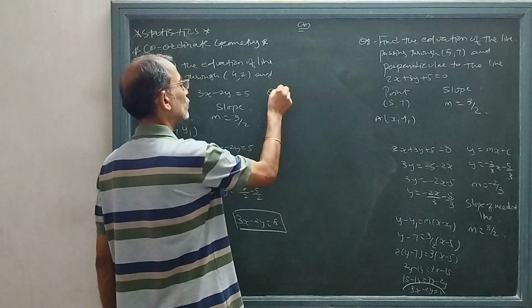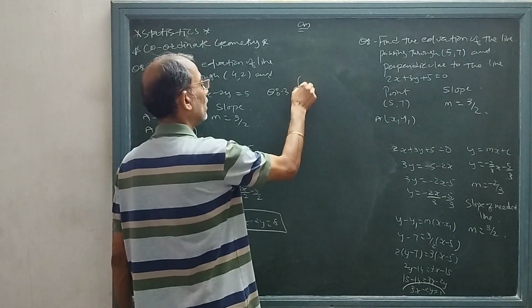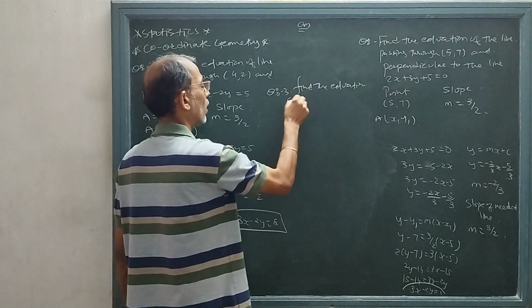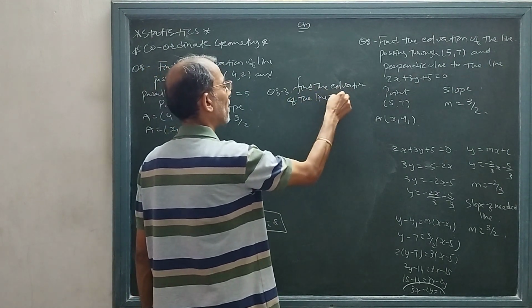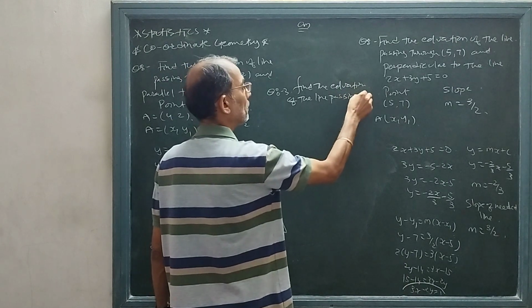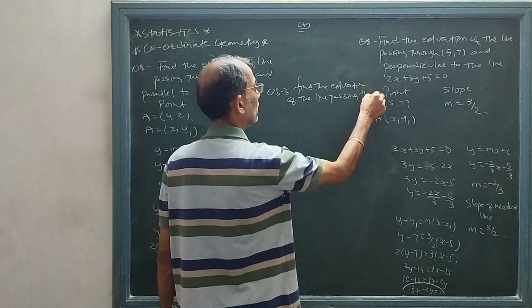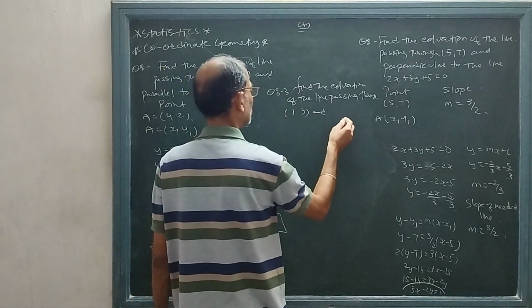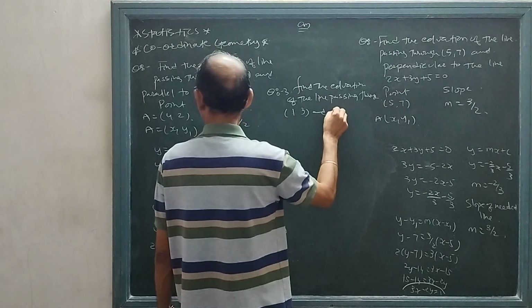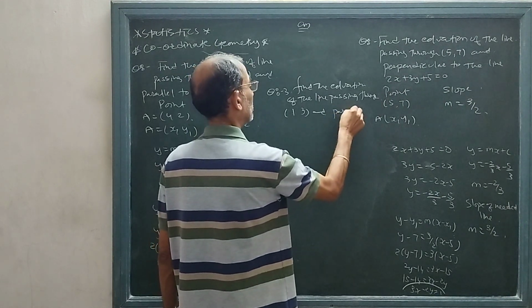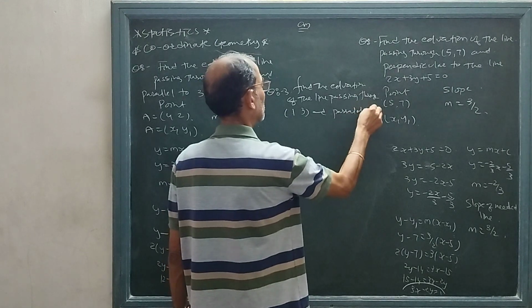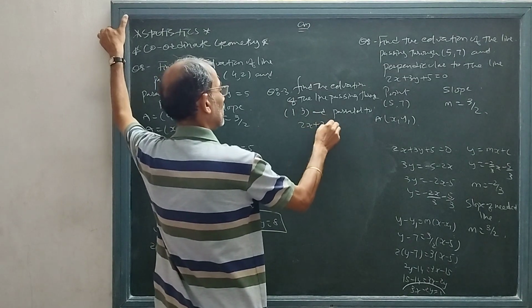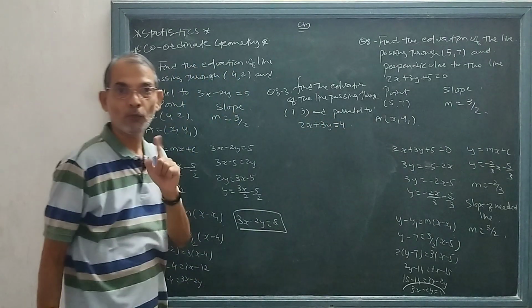Now if I write question 3: find the equation of the line passing through 1, 3 and parallel to 2x plus 3y is equal to 4.